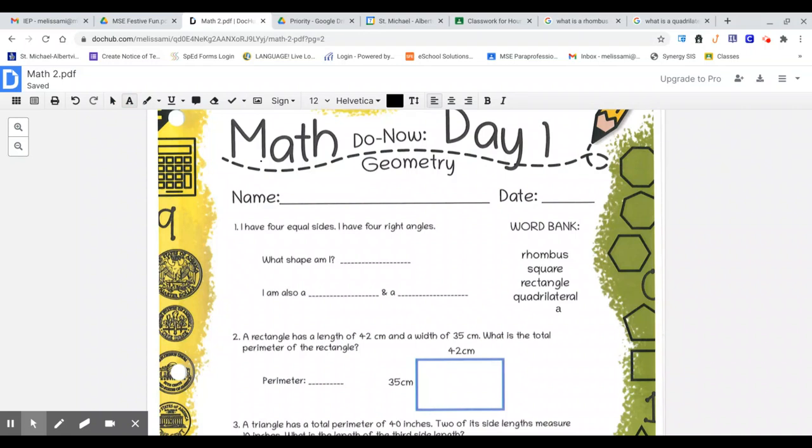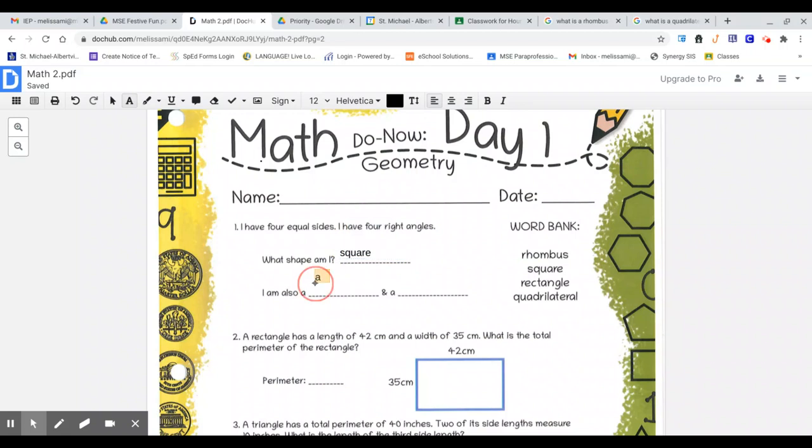So it says I have 4 right angles. So for me, I know that that's going to be a square right away because I know that a square has 4 equal sides and 4 right angles. It cannot be a rectangle because it does not have 4 equal sides.